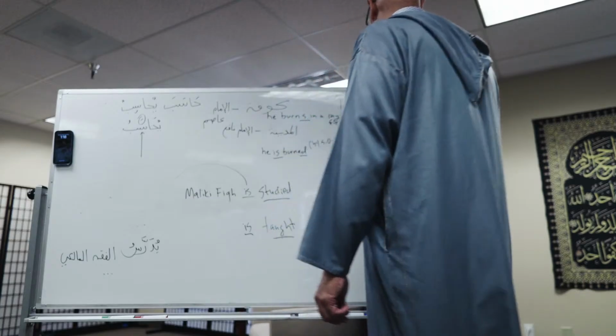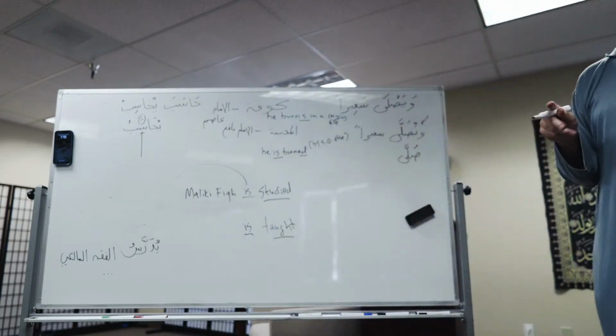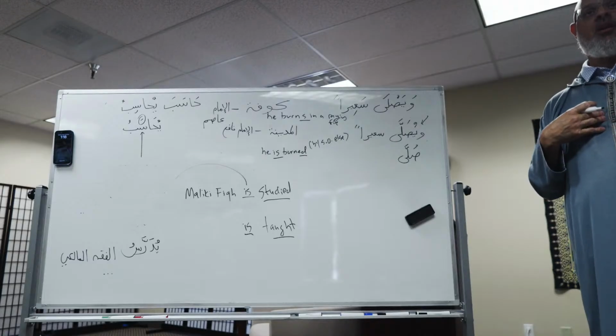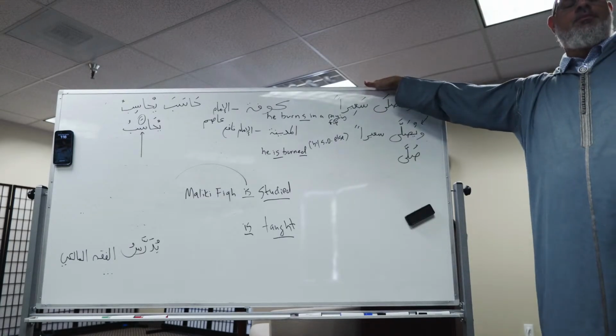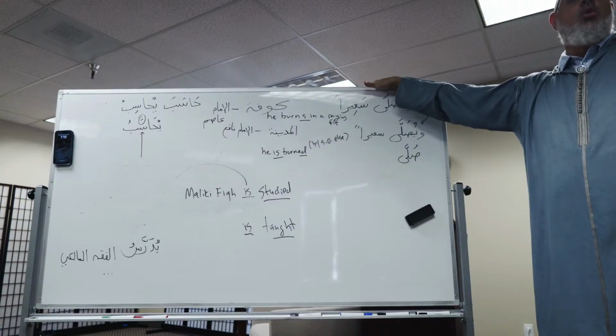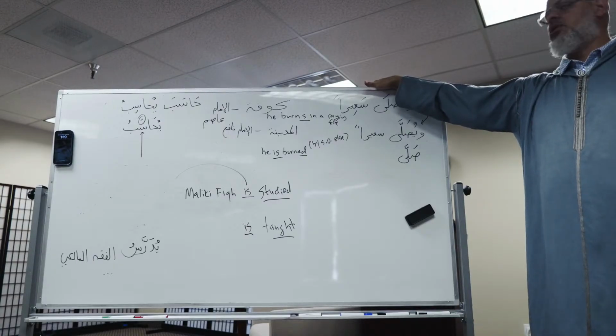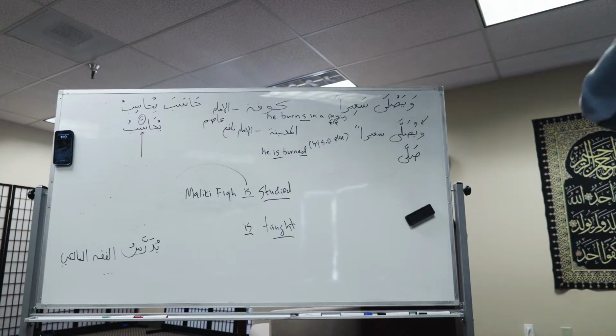Someone else is doing the burning. He is receiving the burning. The meaning is altogether the same. Somebody is getting roasted in the fire because of the consequences. So we say, al-ma'na wahid, the meaning is one.